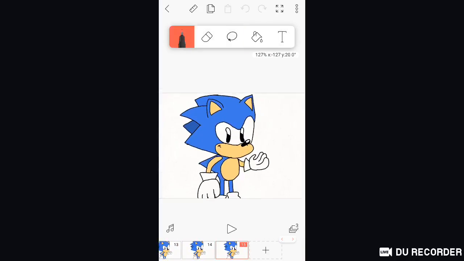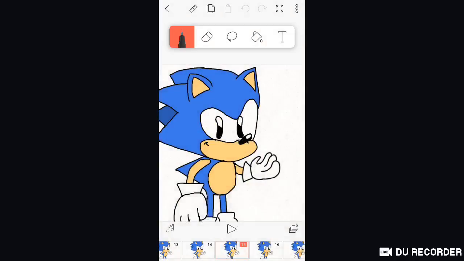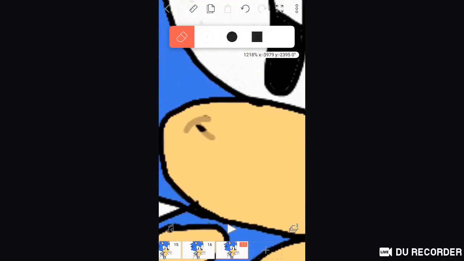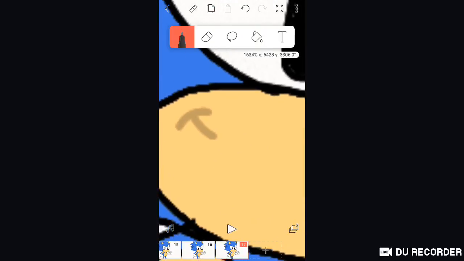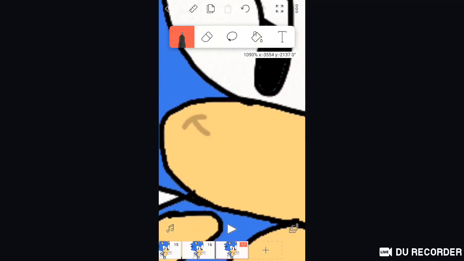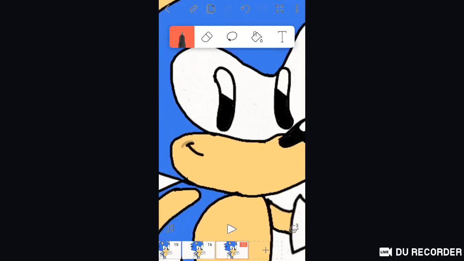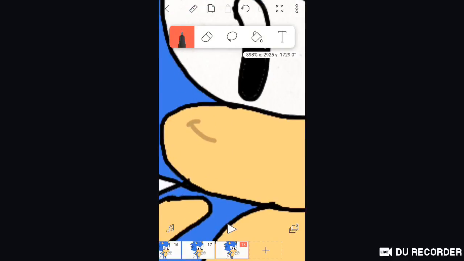Okay, there we go. So with the mouth, it's a little different. As you're speaking, you need to know some of the mouth formations that you usually do. If you're just doing a smile, this is what I do. I make it go bigger each frame.